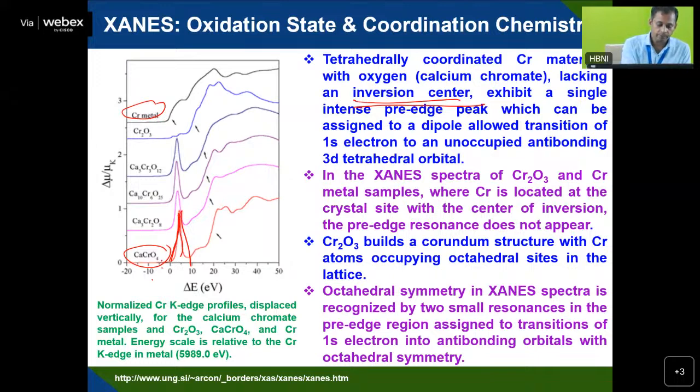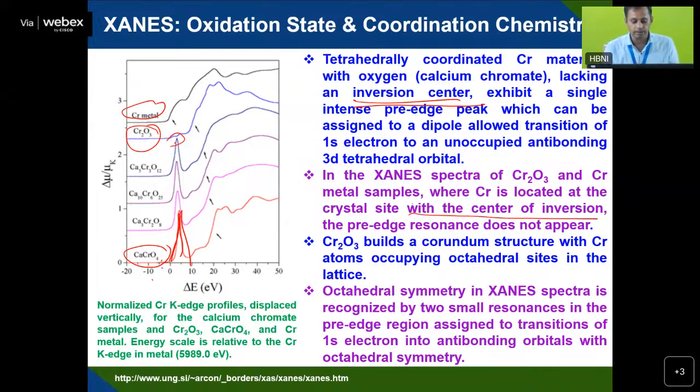And when you go from chromate to chromium oxide, you can see that in the case of chromium oxide, this band edge almost disappears. We are only getting two small peaks here. That is mainly the spectrum of Cr2O3, where chromium is located at a crystal site at the center of inversion.